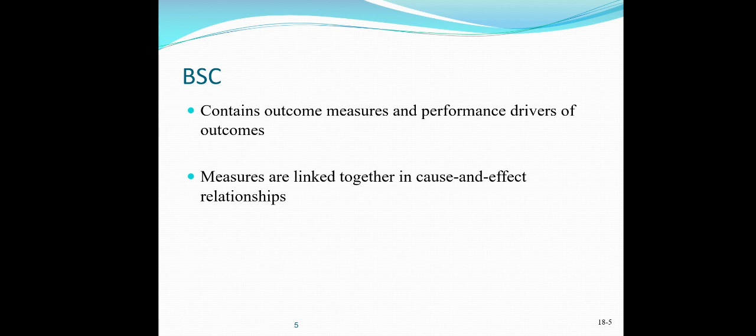Okay, 2 more points related to balanced scorecard. The first one is that it contains outcome measures and performance drivers of outcomes. For each perspective that you have seen in the previous slide, there will be outcome measures and performance drivers of the outcome measures.